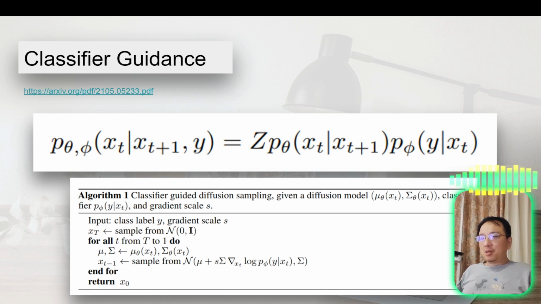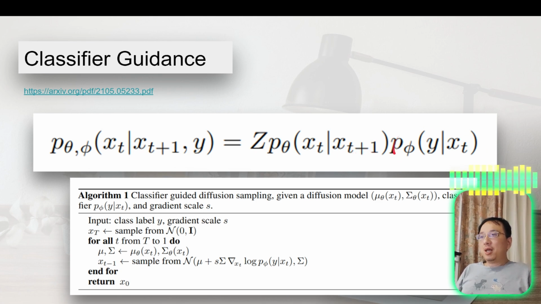However, under some reasonable assumptions, we can derive the formula such that it becomes the product of two probabilities. The first one is the original unconditional denoising process, so we have the conditional probability of xt on the condition of xt plus 1.